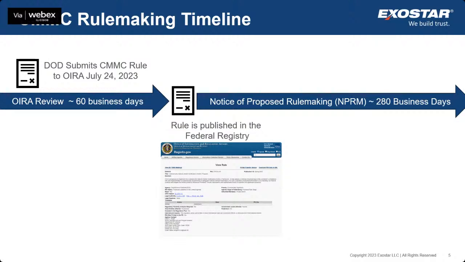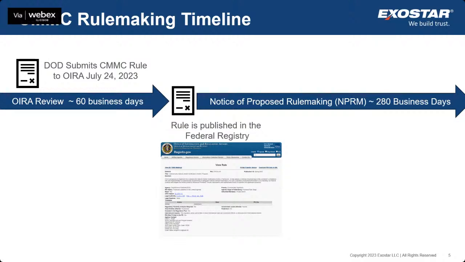That means it now goes through a public review and comment period, with responses from the Department of Defense to those public comments. That takes approximately 280 business days. So we should start to see the CMMC rules show up in the DFARS clauses in your contracts early in 2025.